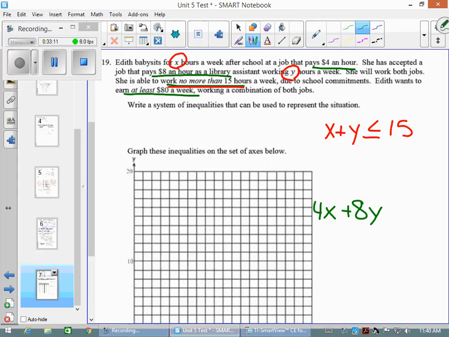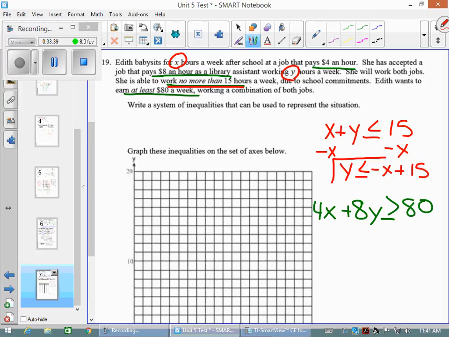Now, in order to be able to graph these on our graph here, we're going to need to get them into y equals form. So we're going to subtract our x. This is going to be y is less than or equal to negative x plus 15. So that's one inequality that we want to graph. Our second inequality, I need to subtract my 4x on both sides.